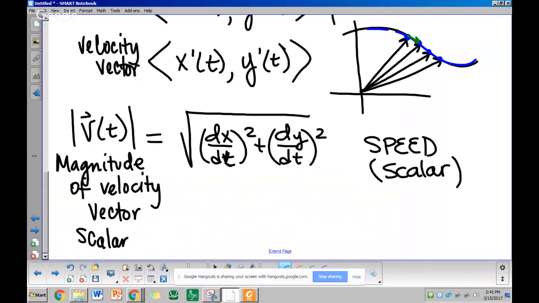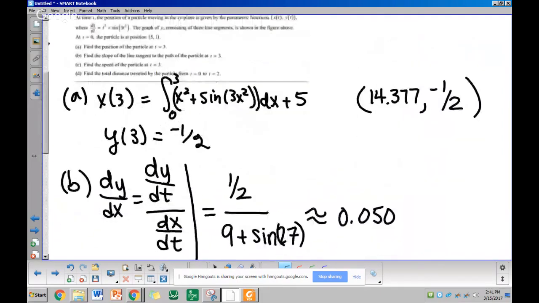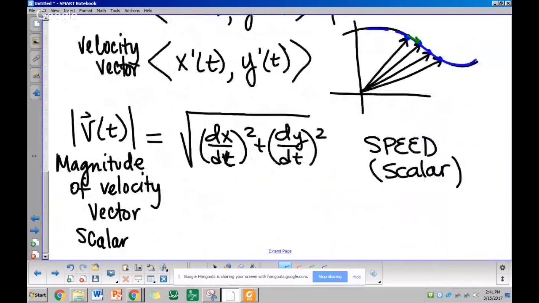All right, so what are we going to do? We want the speed at t equals 3. So this was that we want the magnitude of the velocity at 3. So we need dx/dt.